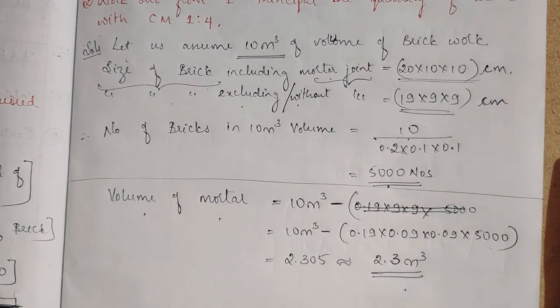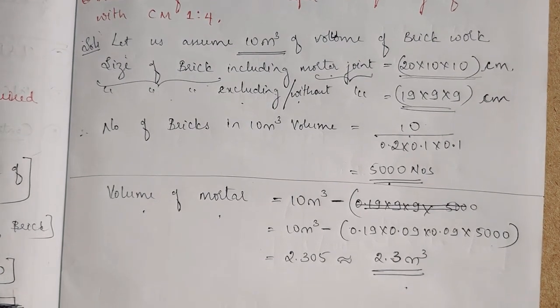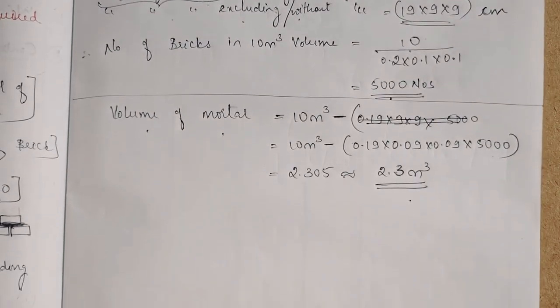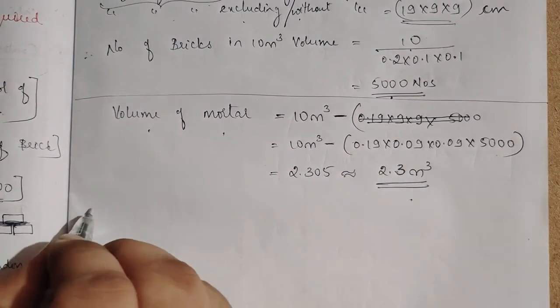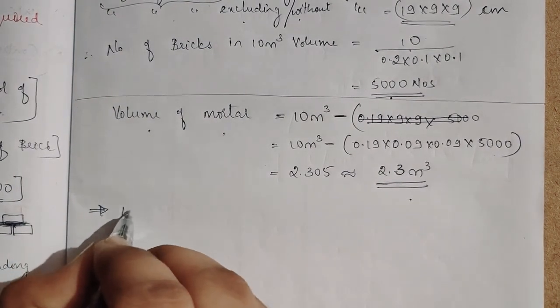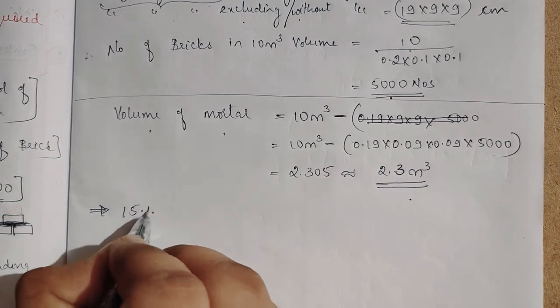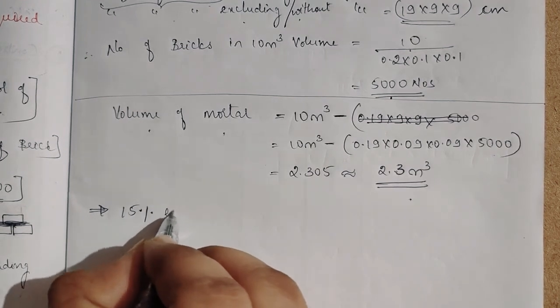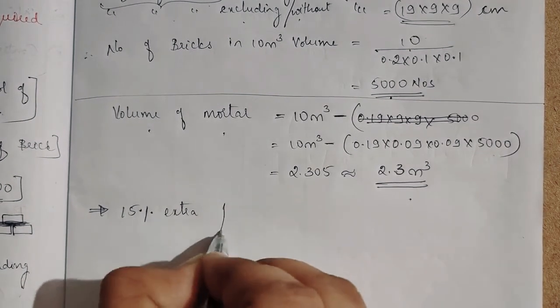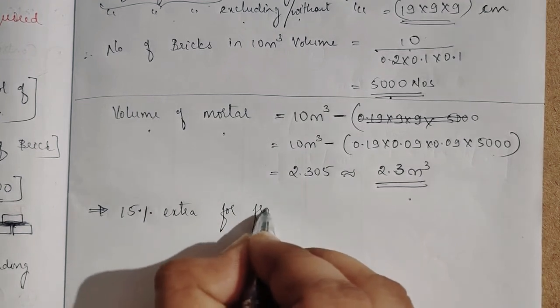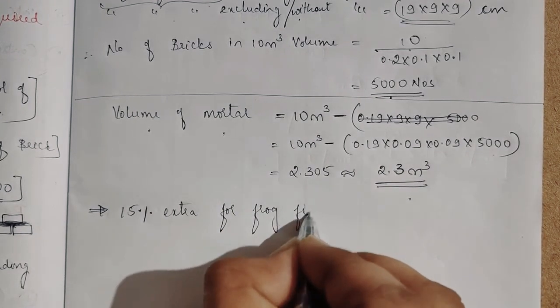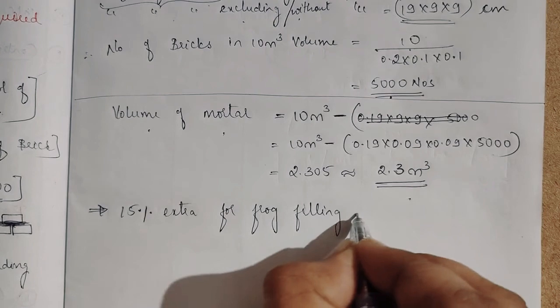So volume of the mortar will be 2.3 meter cube. Now in the brickwork you must always add 15% extra for frog filling. Frog will be there on the brick.